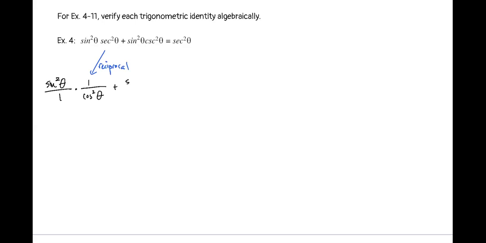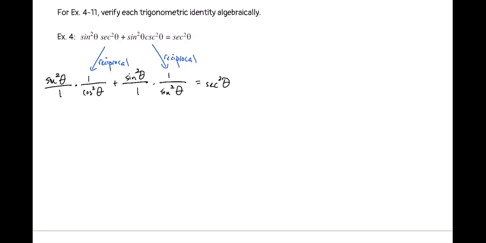Then plus sine squared theta over 1 times, how do I write cosecant squared theta as sine or cosine? Yeah, there you go. Not 1 over sine, but 1 over sine squared. And so this is also the reciprocal. Mathematics professors want you to write that other side.